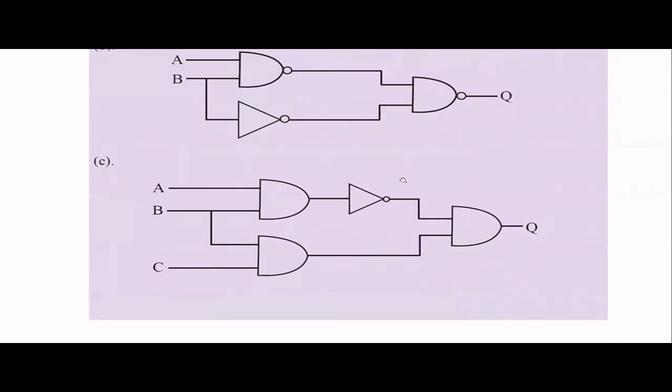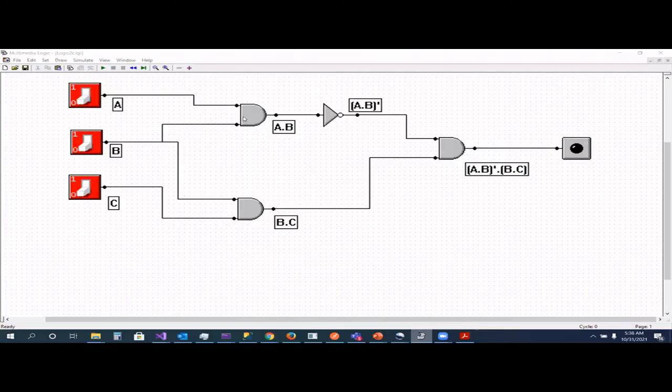This one, right? We have 3 AND gates actually, with a NOT gate. I will open up my circuit. Yes, I have already drawn it. So this is an AND gate, A dot B. This one I'm getting B and C, so B dot C. And this one is the negation of it, with the NOT gate, invert, right?